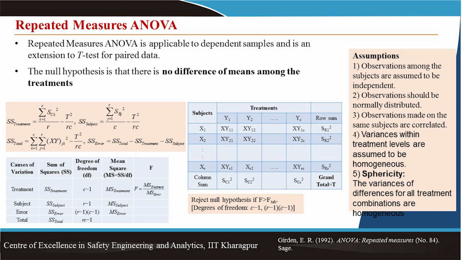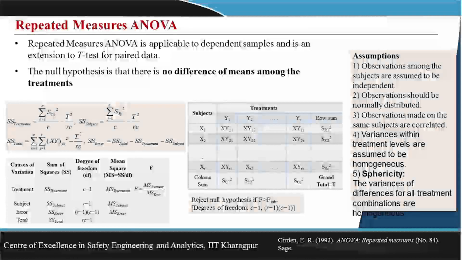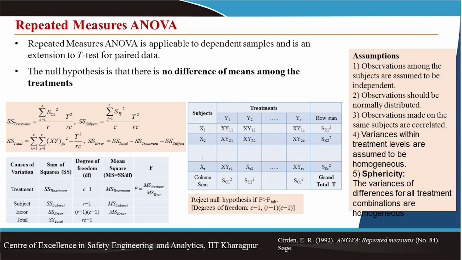What is the alternate hypothesis? The alternate hypothesis is mu i not equal to mu j for at least one pair, where i and j vary from 1 to c, but obviously i not equal to j. So, this is the hypothesis.